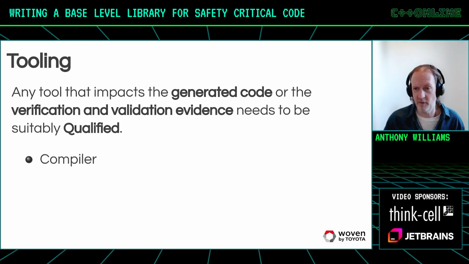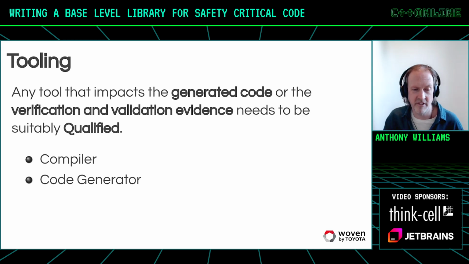So obviously the compiler is the first thing. If the compiler generates bad code, then the code that's running on the car isn't necessarily going to be what you intended. And so we need to qualify that compiler to make sure that it's been suitably tested, and it is actually going to generate code that does what you tell it.